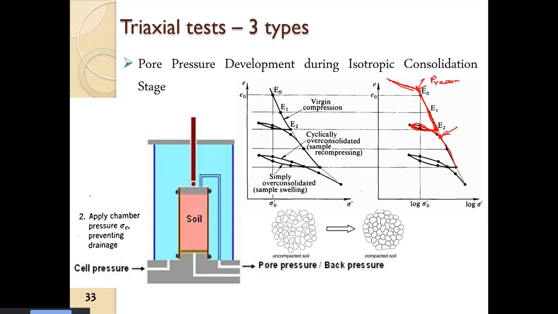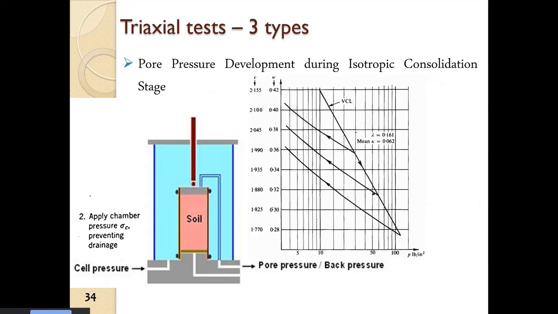Again when it is consolidated up to this point, it is released, again recompression, and then again here we will have the pre-consolidation pressure. So from an uncompacted state, it will move to a compacted state. This is the compression line here. These are some test data which we have seen.